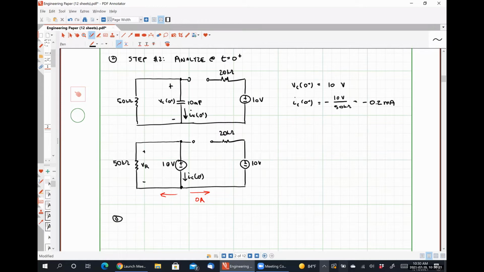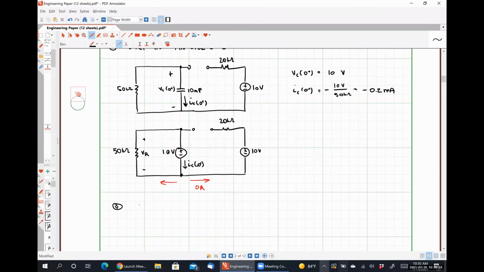So step 3 is put our results into our equation.